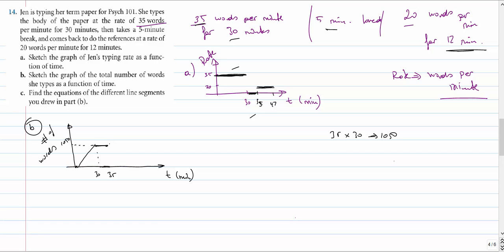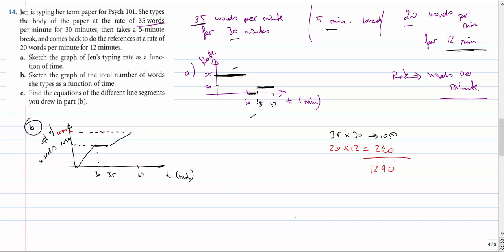So for 12 minutes, up to 47, I typed 240 words, and this value will be 1050 plus 240. If I add them up, I will get 1290. So this value here is 1290. This will be the graph for B.